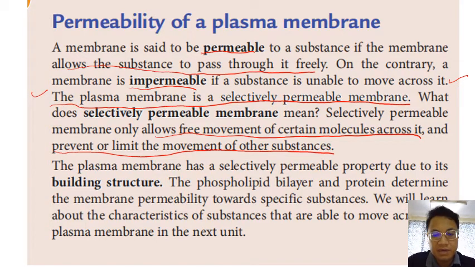The plasma membrane is selectively permeable due to its building structure. The phospholipid bilayer and protein determine the membrane permeability towards specific function. We will learn about this characteristic of substance later, in the next unit.